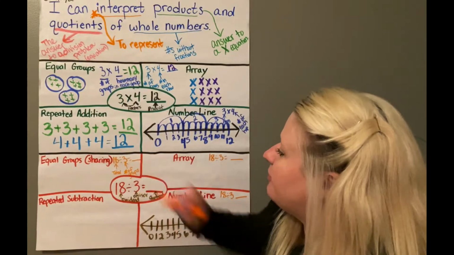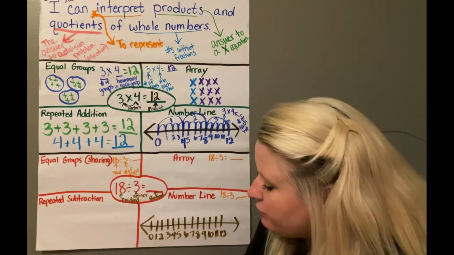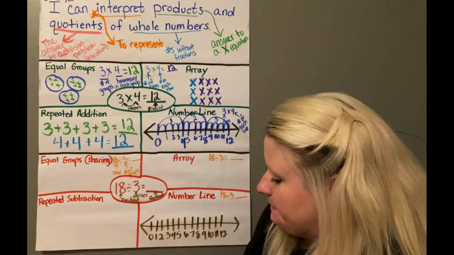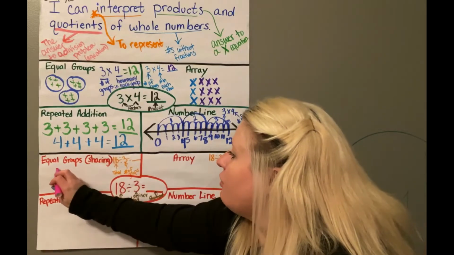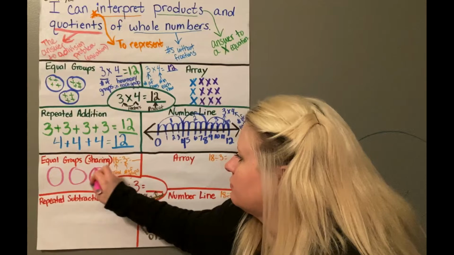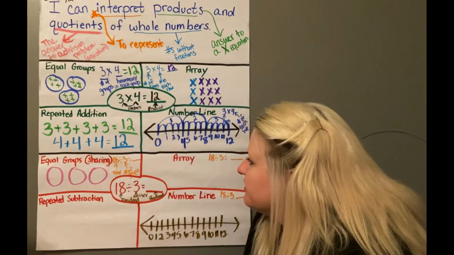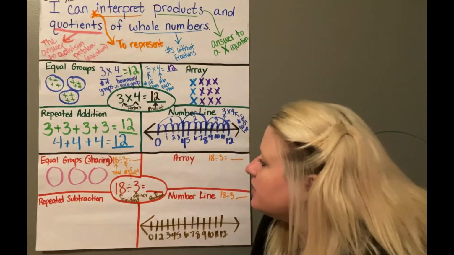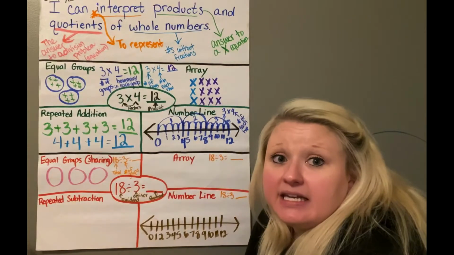What we don't know is how many are in each group. So we will start that by drawing our 3 groups. Okay? And then what I'm going to do is equally share all of the 18 that I have.